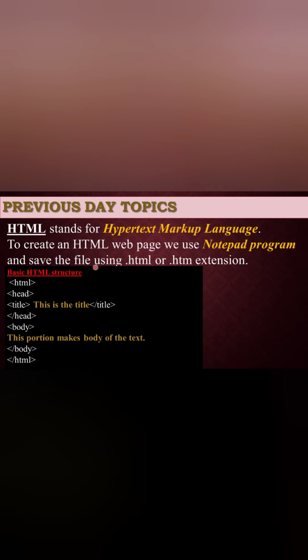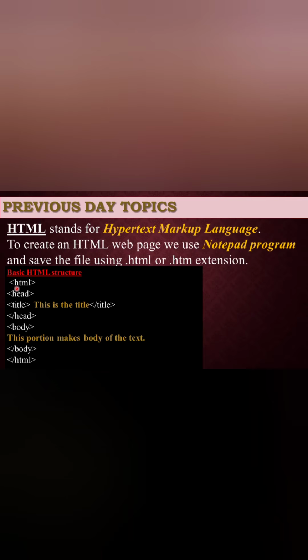Okay. Then we learned essential HTML tags. There are 4 sets of HTML tags that are used to form a basic HTML file. Okay, so this is the basic HTML structure. So the first tag was HTML tags that we are using at the beginning and end of the HTML document.